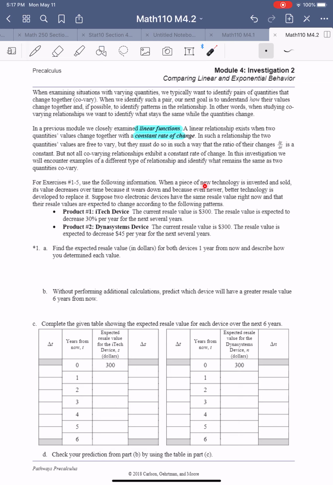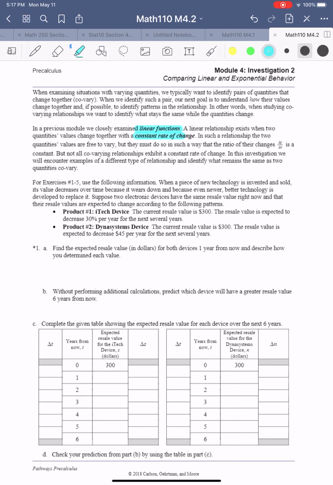When a piece of new technology is invented and sold, its value decreases over time because it wears down and because even newer, better technology is developed to replace it. Suppose two electronic devices have the same resale value right now, and their resale values are expected to change according to the following pattern.